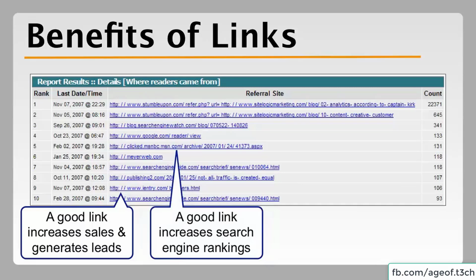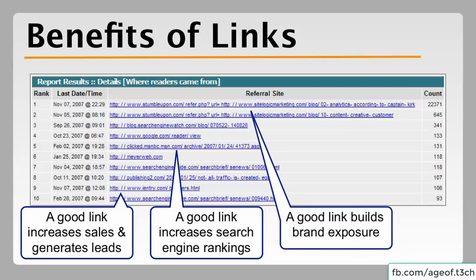I know a link on this website, as soon as I got that link, my rankings increased because it was a high authority website like MSN. As soon as that link came through, I saw an immediate change in rankings, and so that link was fantastic for that purpose. And then also, another link just brought thousands of people to the website. Not many of them did anything, but it was good for building brand exposure.